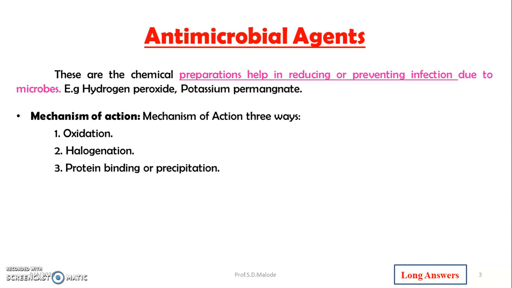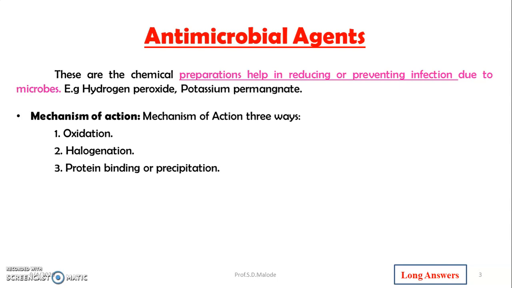There are different examples of these antimicrobial agents like hydrogen peroxide, potassium permanganate, etc. These antimicrobial agents further have two classes, antiseptics and disinfectants.